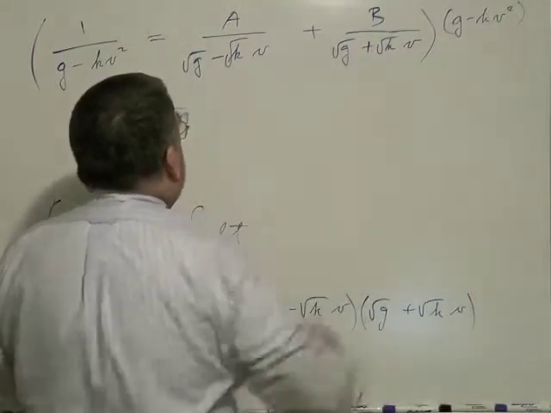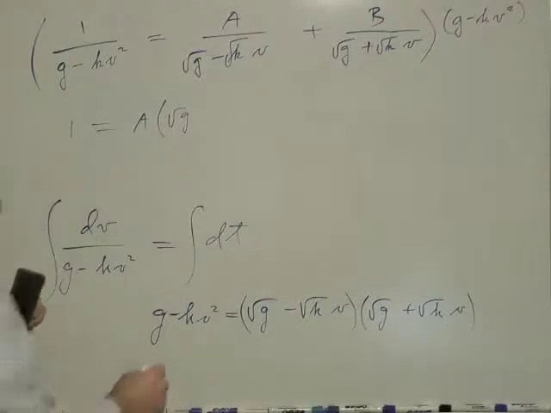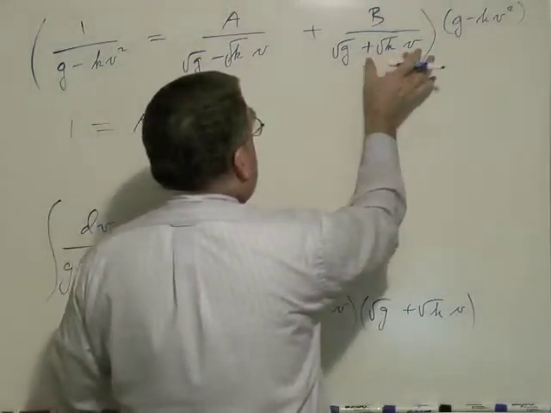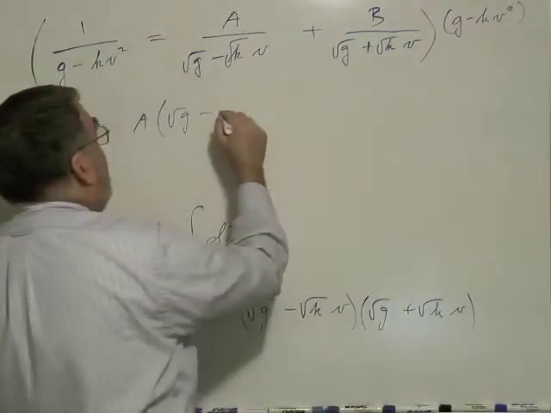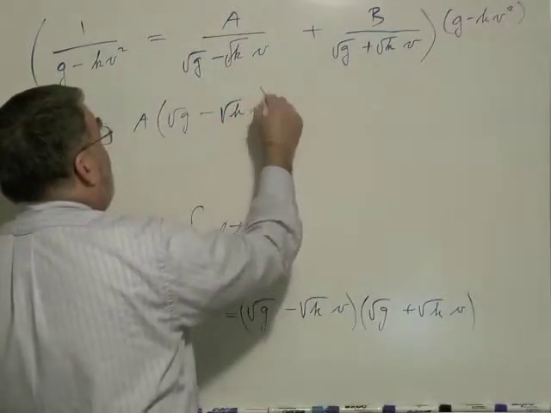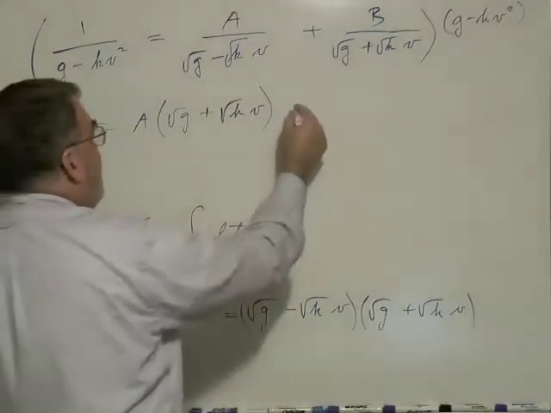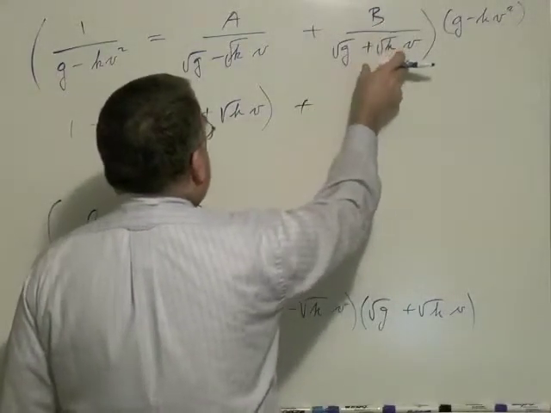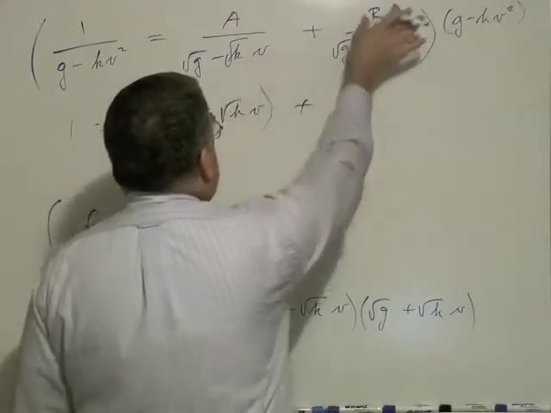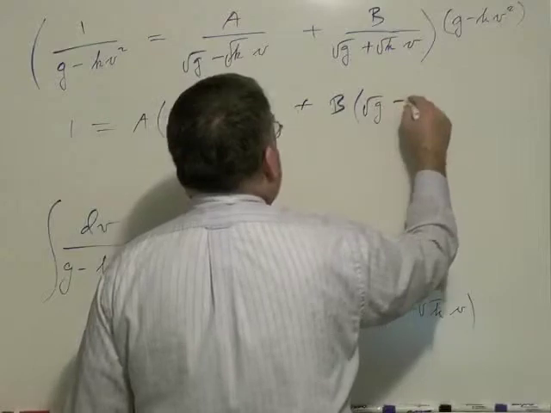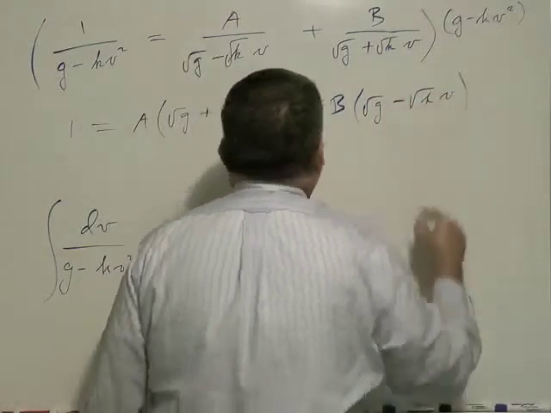So these have to be opposite signs. Alright, so square root of g minus, this will clear and we'll leave that factor left over. So I have square root of k times v plus, okay. And then plus over here, this term cancels, leaving this term times b times square root of g minus square root of k times v.